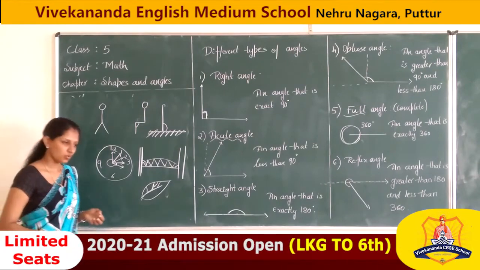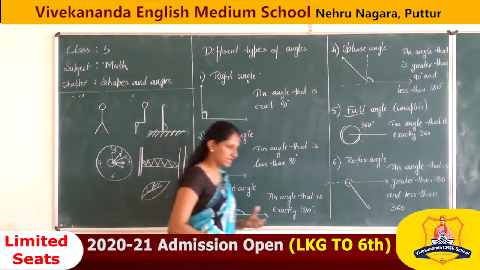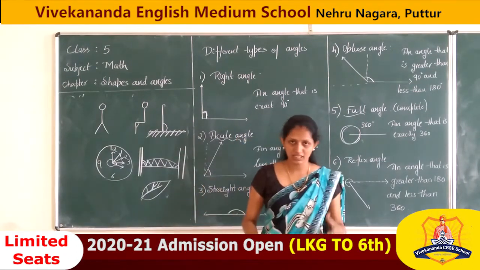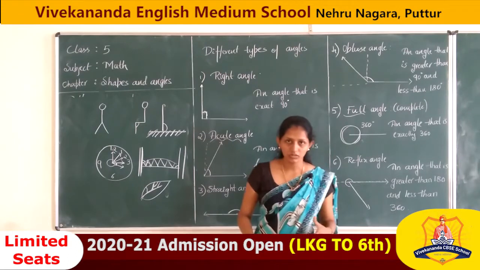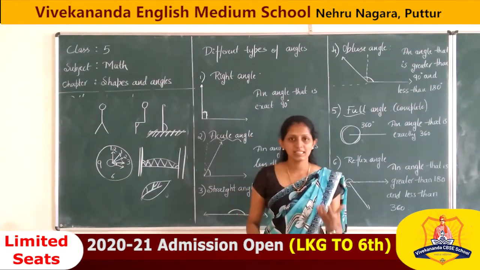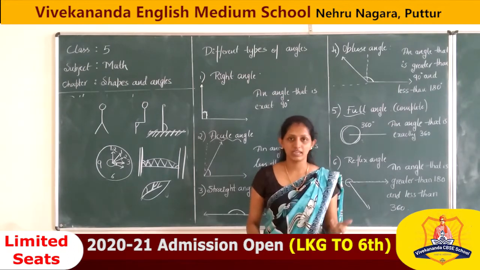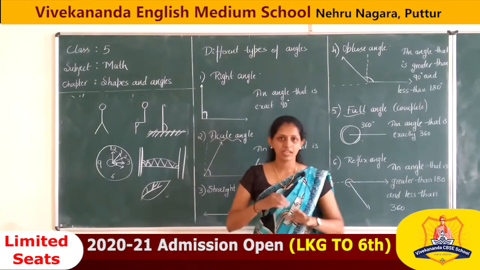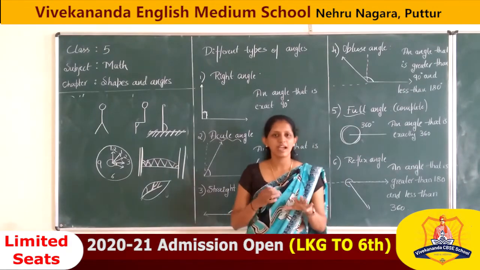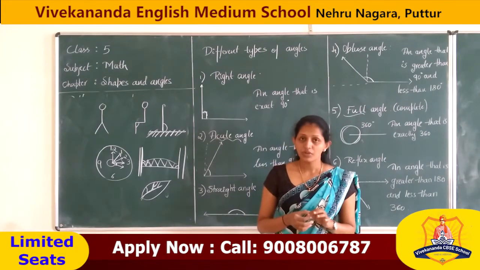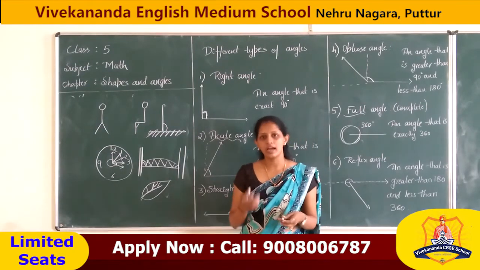Correct? So, not only in mathematics, in our surroundings, in our daily activity, we come across different types of angles. You should identify them. Then only math becomes fun. Otherwise, maths will be a difficult one. So, what you have to do is go to the garden.